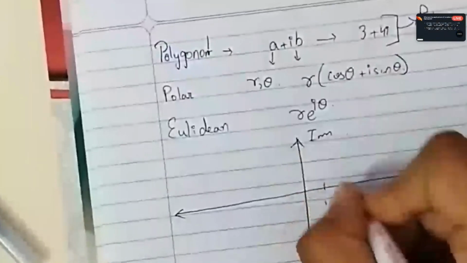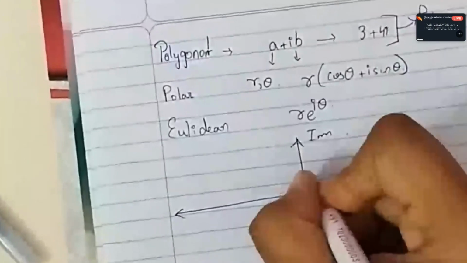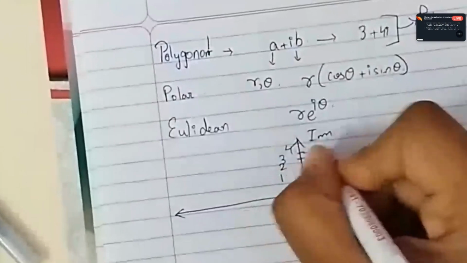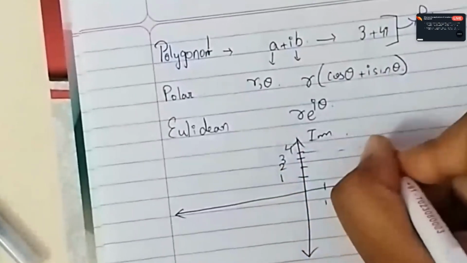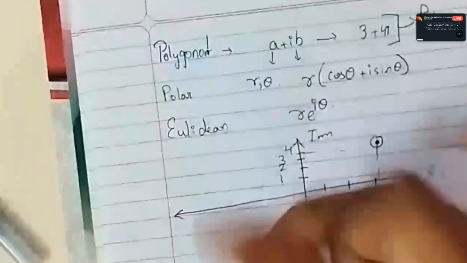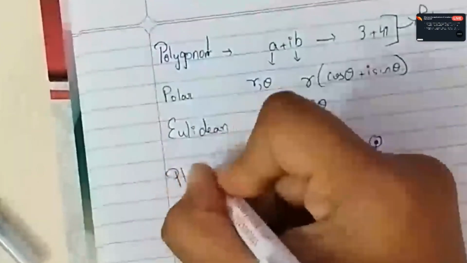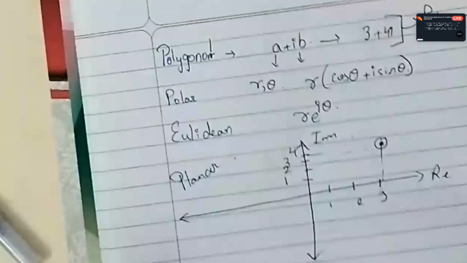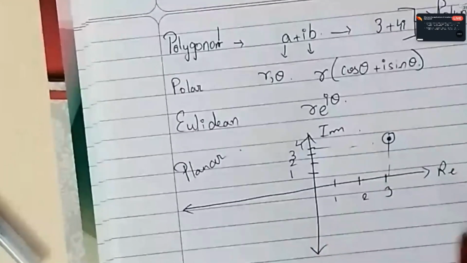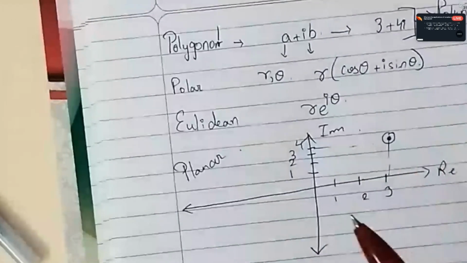It would be 1, 2, 3, and 1, 2, 3, 4. So it will be a point here. These are the four different ways of representing the complex number.